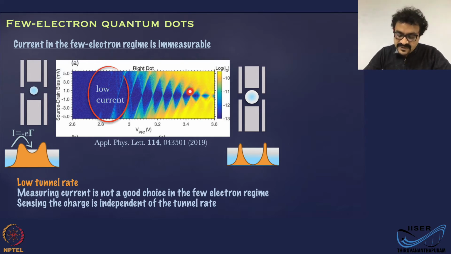And we know the size of the diamond directly gives you the size of the dot via the charging energy. You can see that the size of the diamond increases, which says the charging energy is increasing as you go from right to left, or the dot size is decreasing.